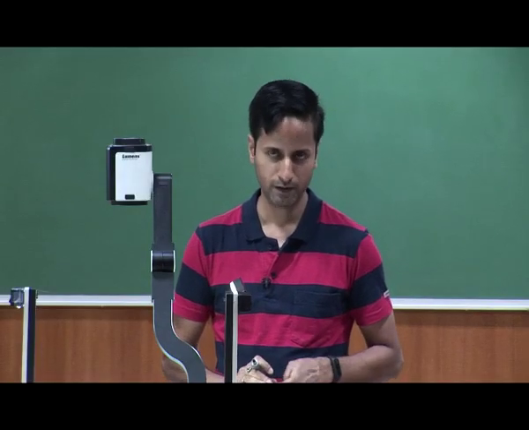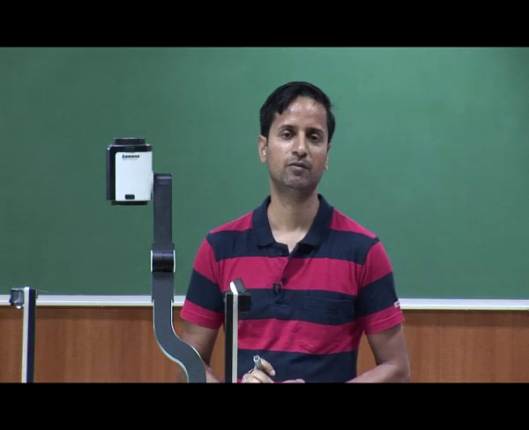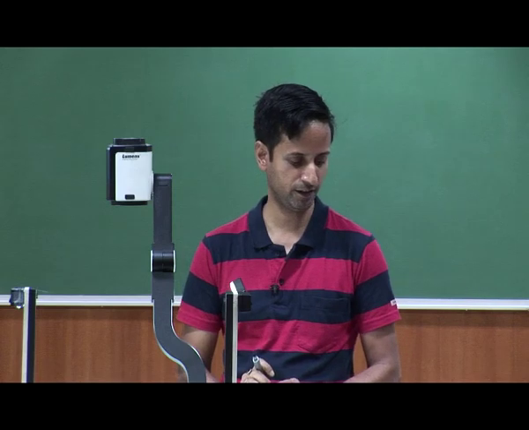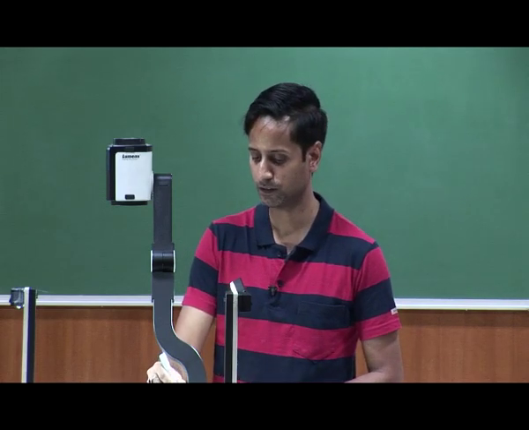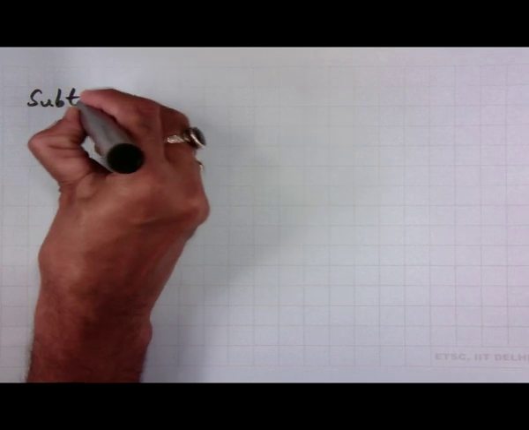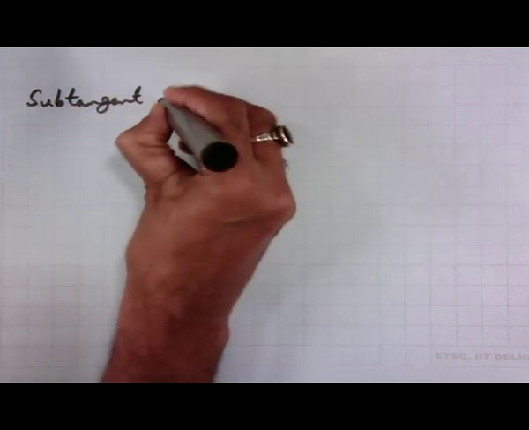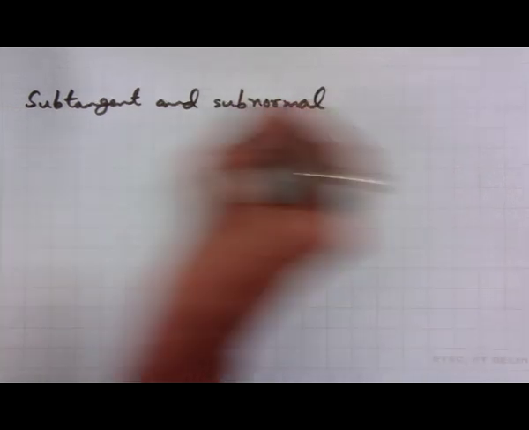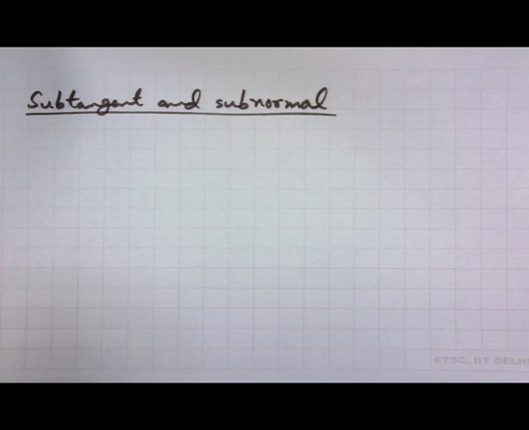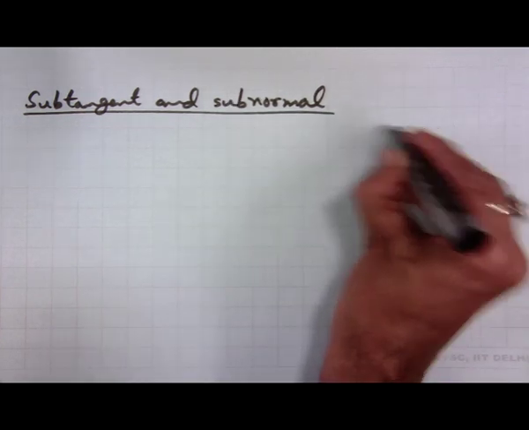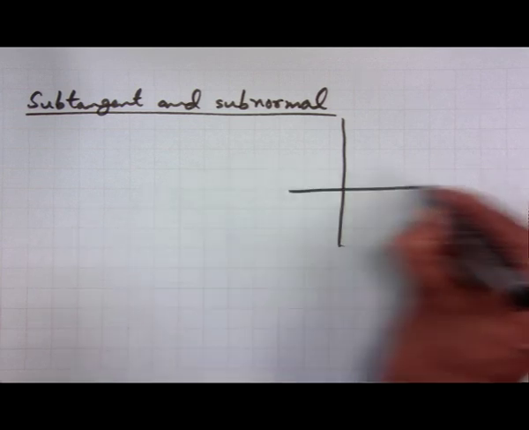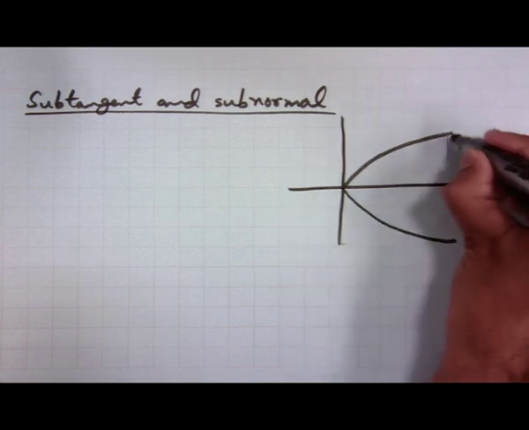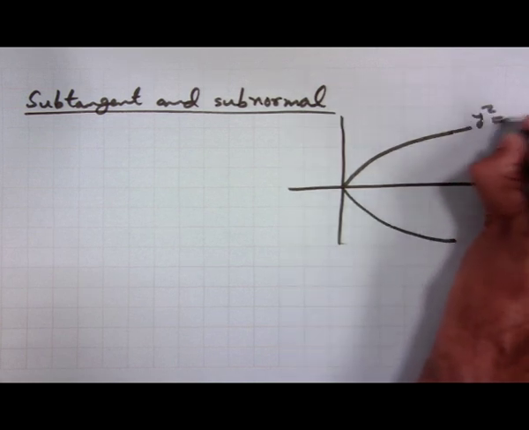Okay, so, next we will define what is called subtangent and subnormal and find their length for the parabola. We have parabola y square equal to 4ax.